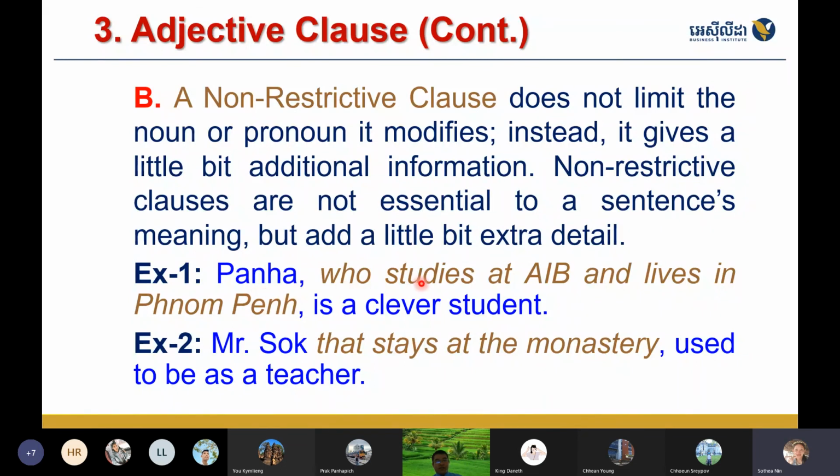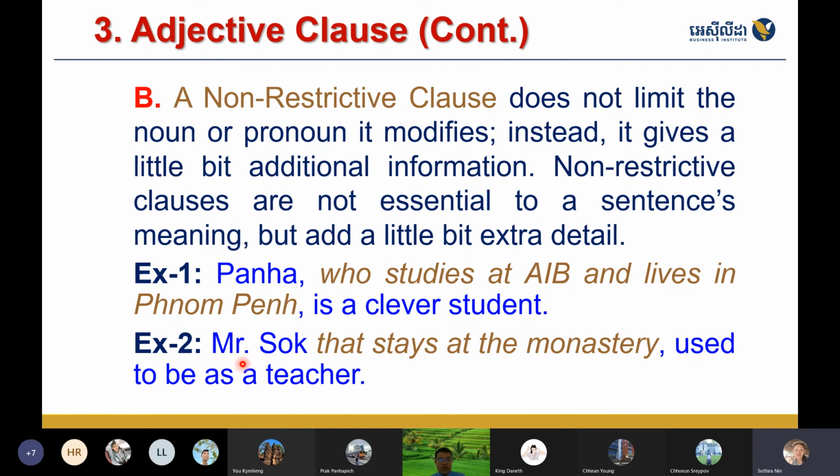Example 1. Panya, who studies at AIB and lives in Phnom Penh, is a clever student.